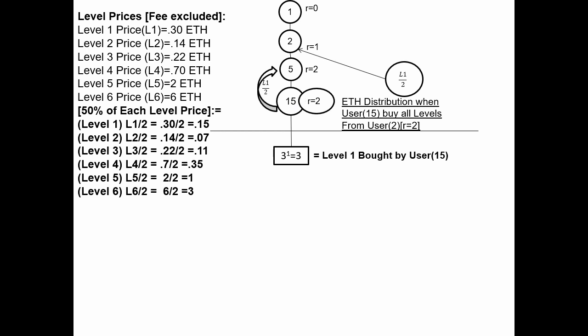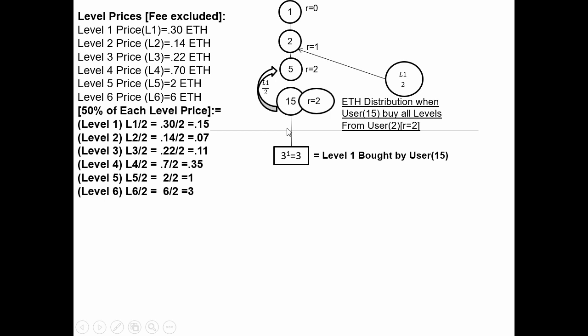User 15 already bought level 1, and the level 1 50% money, L1 by 2, that means 0.15 Ethereum, goes to user 5 as it is connected directly as an upline, and the rest of the 50% goes to the referrer, because user 2 brought this user into this game. So L1 by 2, 0.15, goes to user 2.